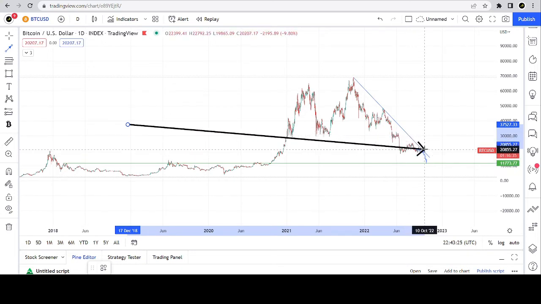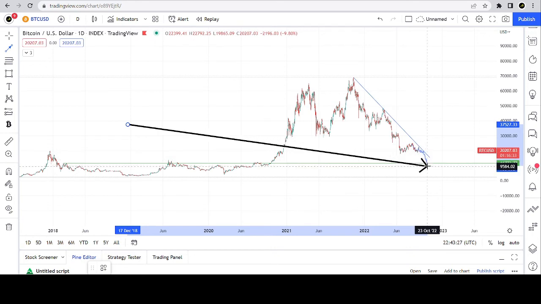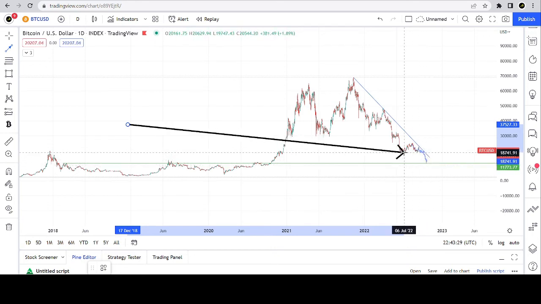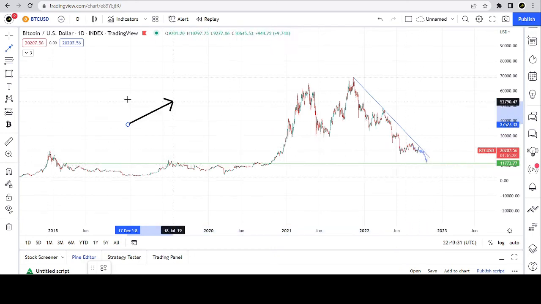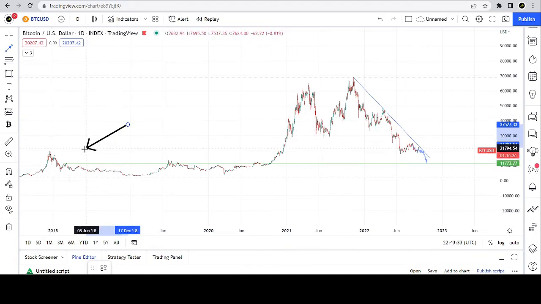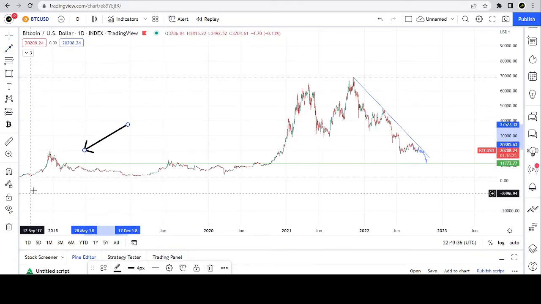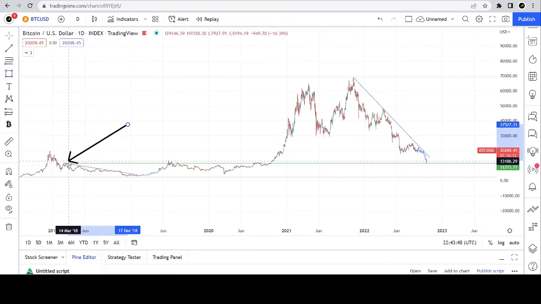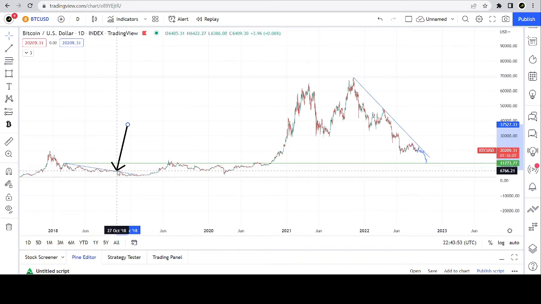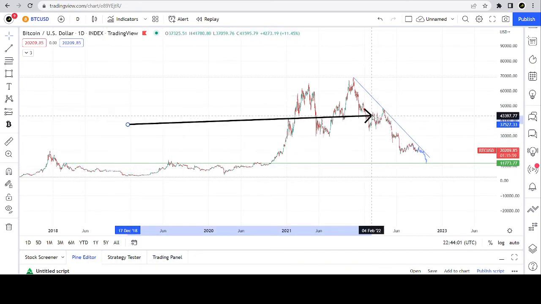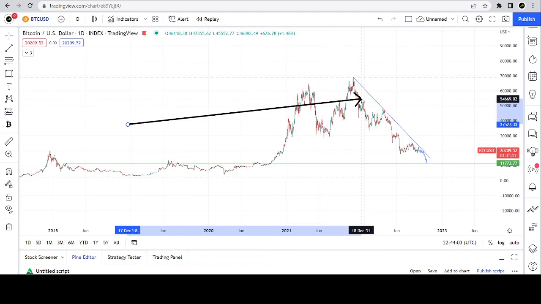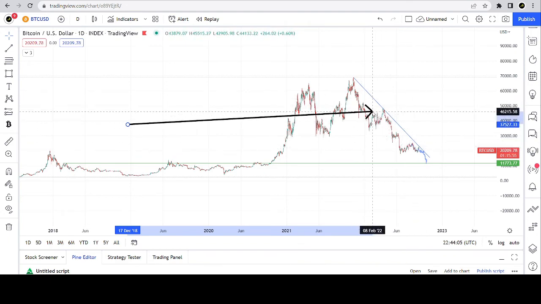It could even travel down on top of it for a little bit, but eventually it gets pulled down below it. At least it has in the past. So if you drew a trend line here, and connected it here and aligned it with the second wave, the third wave, you can see how it hits it here. This whole trend line thing is a staple of Bitcoin declines.